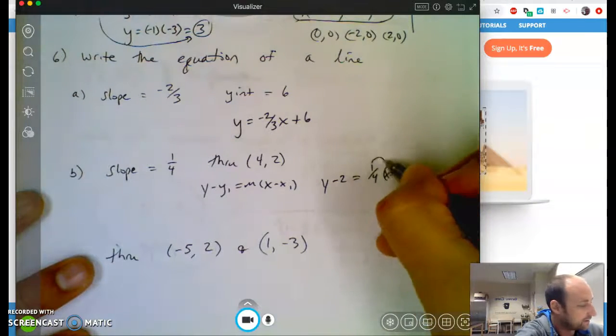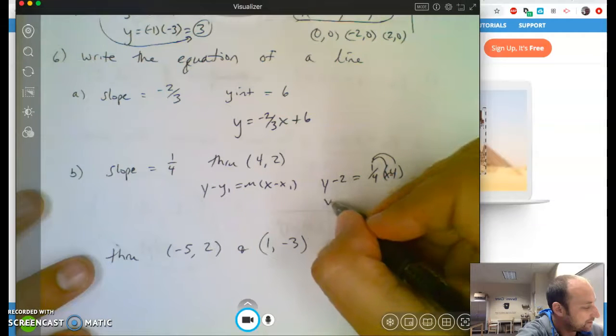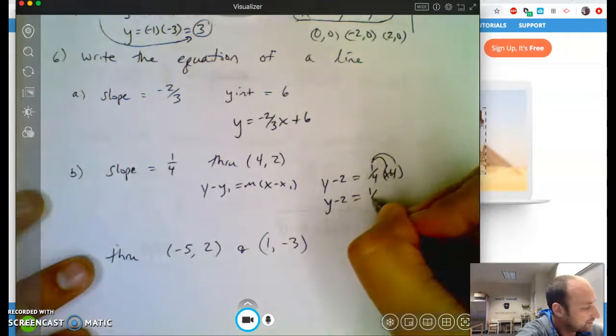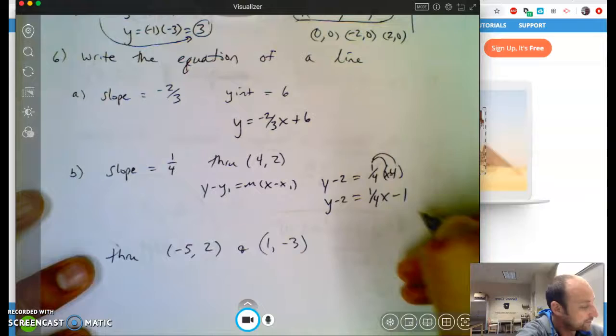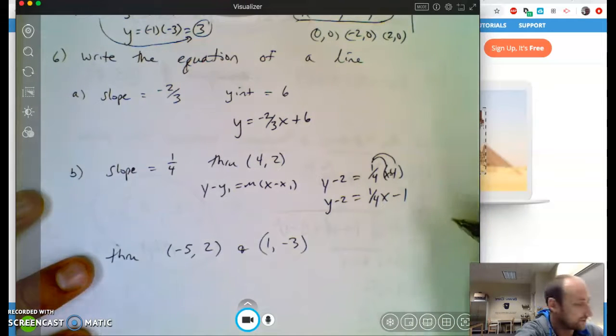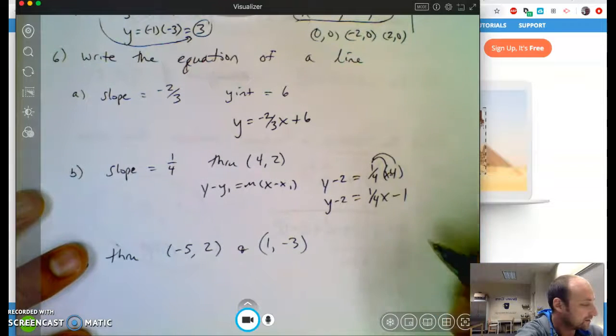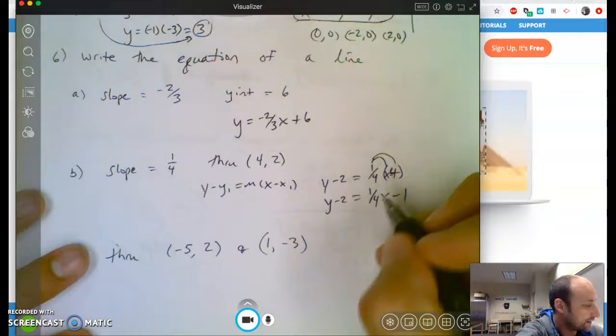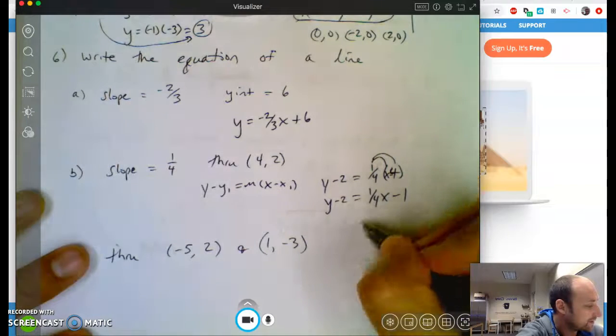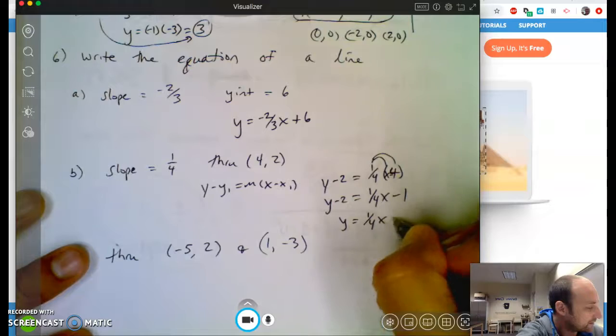Snuck that in there. And then that 1/4 distributes, so you'll have y minus 2 equals 1/4 x minus 1, because a fourth times 4 is 1. The minus sign's still there. I kind of did that on purpose. You add 2 to both sides, and you'll have y equals 1/4 x plus 1.